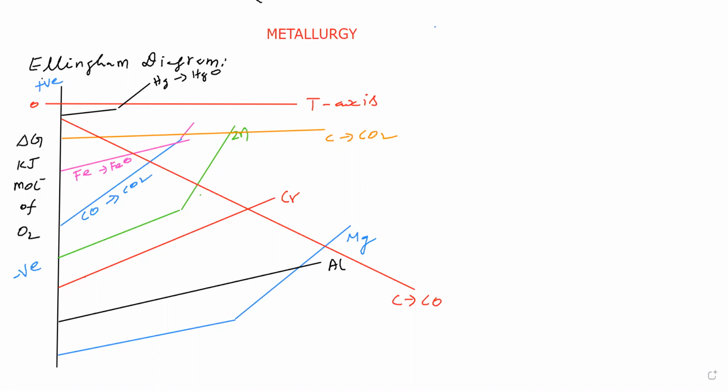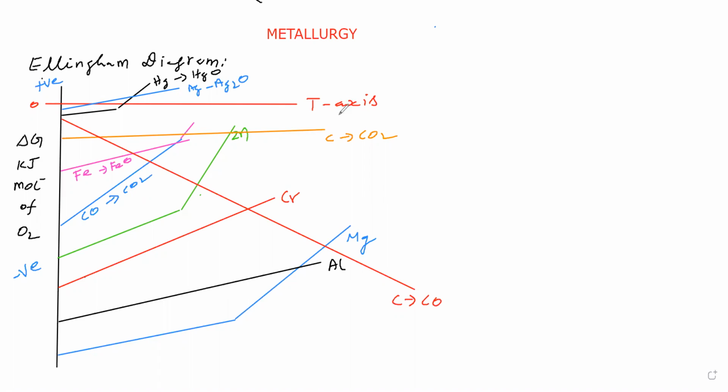Next we will see the silver graph, silver into silver oxide. This is the Ellingham diagram.